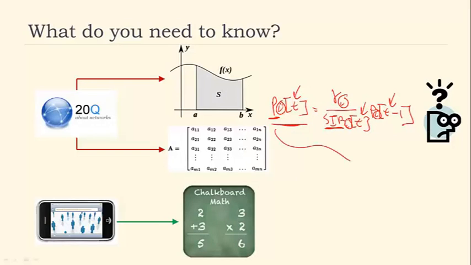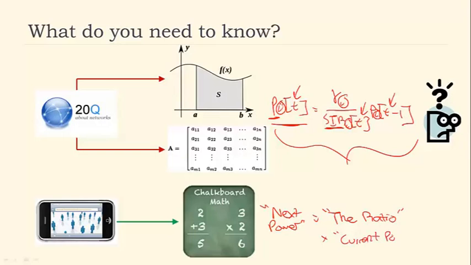So we will write this equation in the first lecture as next power equals what's called the ratio times the current power. So rather than having to sit through the mathematical notation, we can write this in a much more convenient form, which includes just a multiplication. And that should make a lot more sense to you.